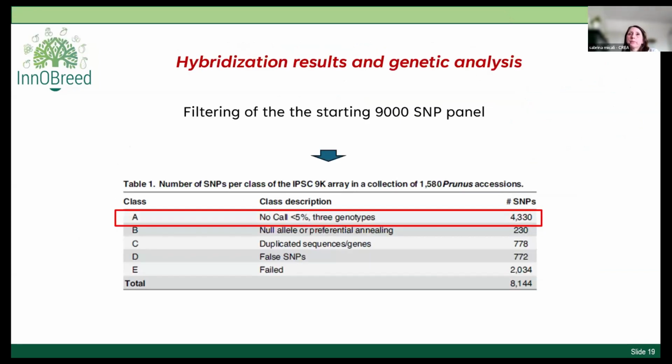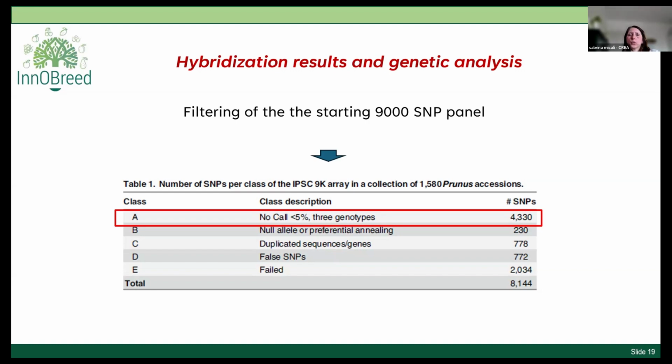The first step when you do a hybridization with the molecular SNP array is to filter the starting panel of markers.